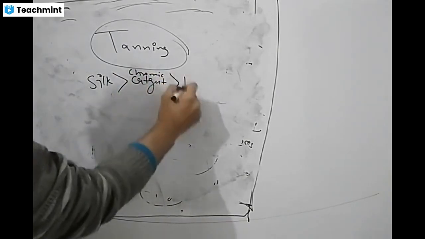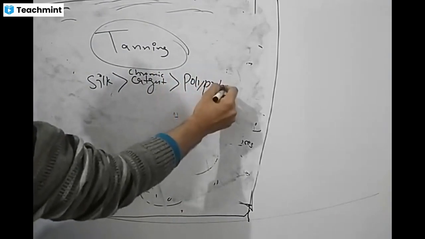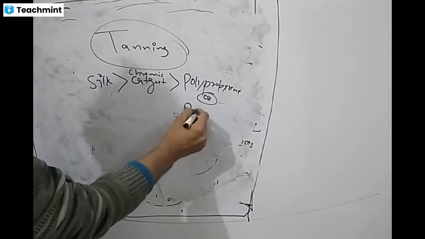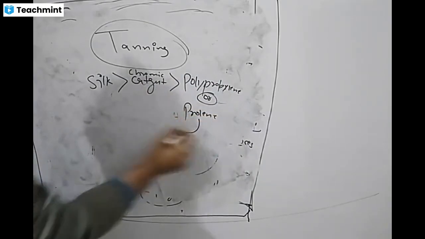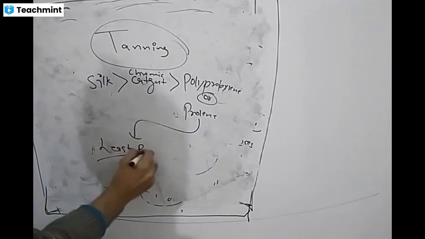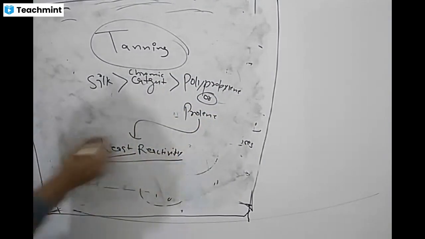Less, and there is one material, polypropylene, which comes in the market under the brand name Proline. It has the least reactivity.